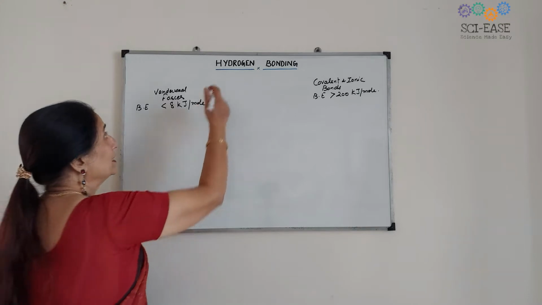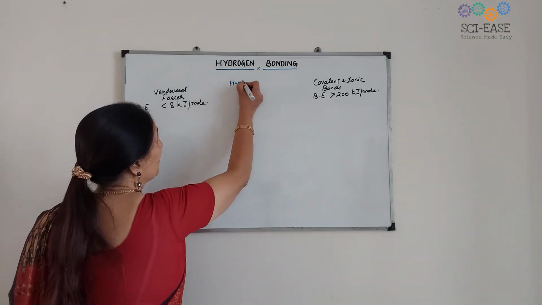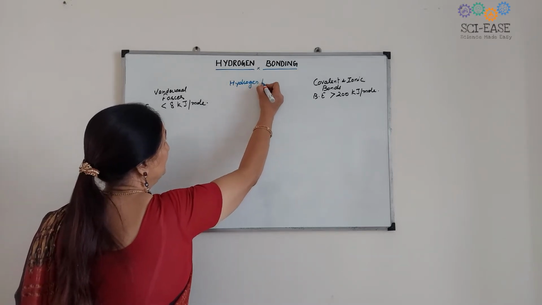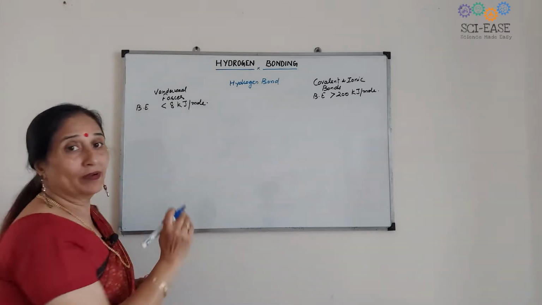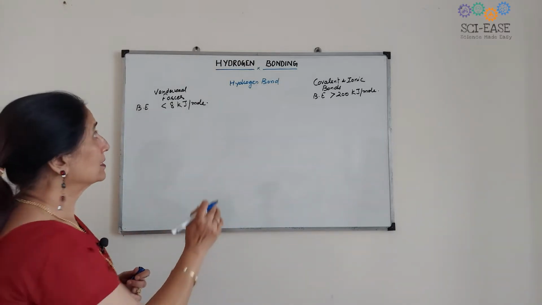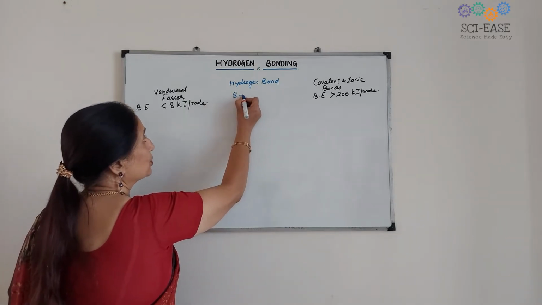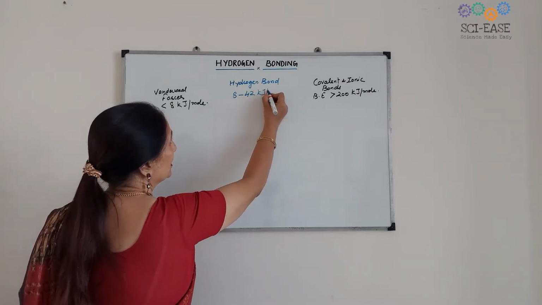So the bond energy of hydrogen bond is greater than van der Waals forces and less than covalent or ionic bonds; it is in between 8 to 42 kilojoules per mole.